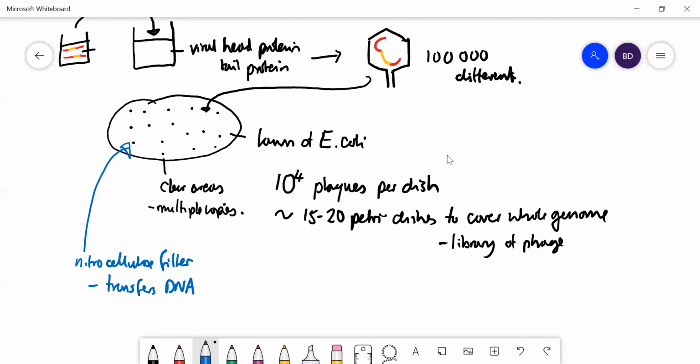Meanwhile, these Petri dishes can be stored in the cold, where nothing's going to happen to them. They're fairly stable, and you can find out which colonies contain which bit of the human genome that you are particularly interested in. But that, as I say, we'll leave for another video.